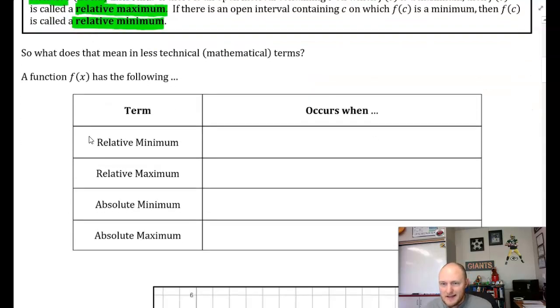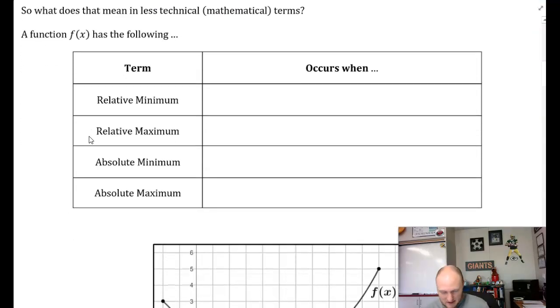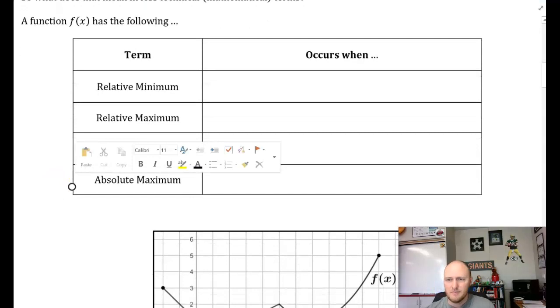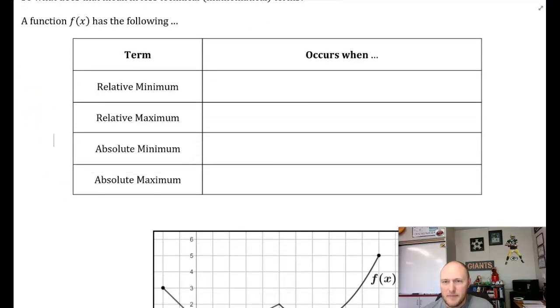So let's look at these terms. A relative minimum occurs when f of x stops decreasing and begins to increase.